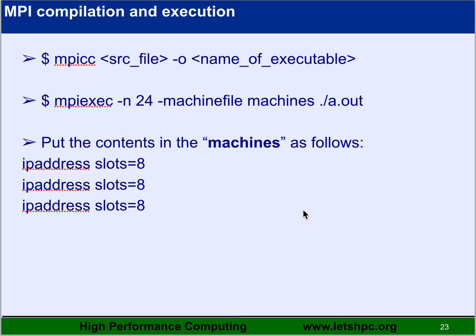Now coming to the compilation and execution part. All of you have access to the cluster, and the compiler is already installed there. This is for C, so you can use mpicc, then give the file name with the extension .c, and you get the executable, basically a.out.